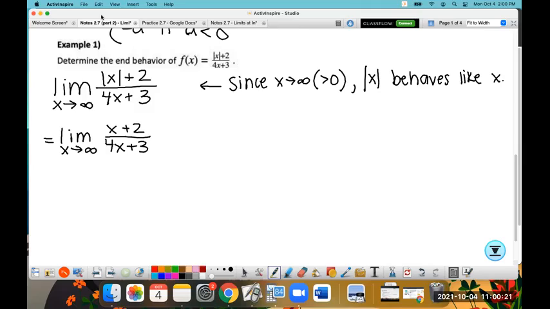How do I evaluate that limit? Yeah, look at those leading terms, which are what? Yep, x and 4x. So technically we just used limits at infinity of rational functions.